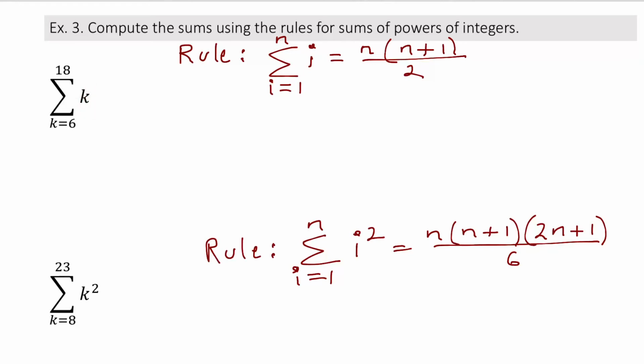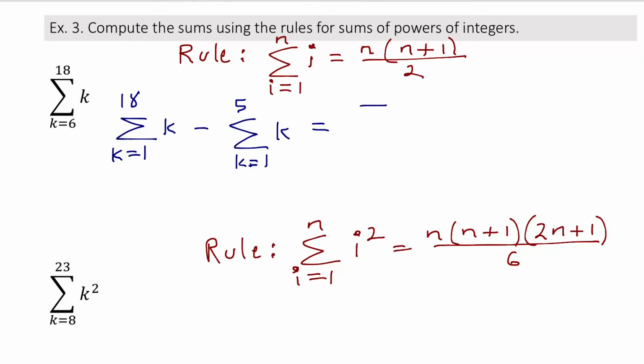So now what we can say using our properties of integers is that the sum from k is equal to 1 to 18 of k minus the sum from k is equal to 1 to 5 of k, taking off the items from 1 to 5, should leave us the remaining items from k is equal to 6 to 18.